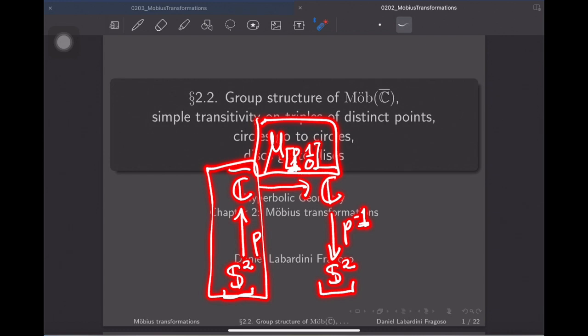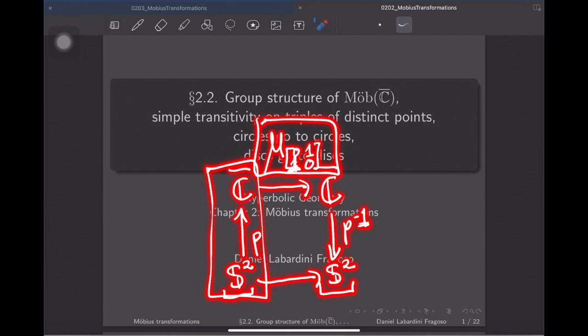Okay, and we gave some evidence as to why this composition sends circles to circles. It's because we showed evidence that it is the rotation of 180 degrees around the x-axis.